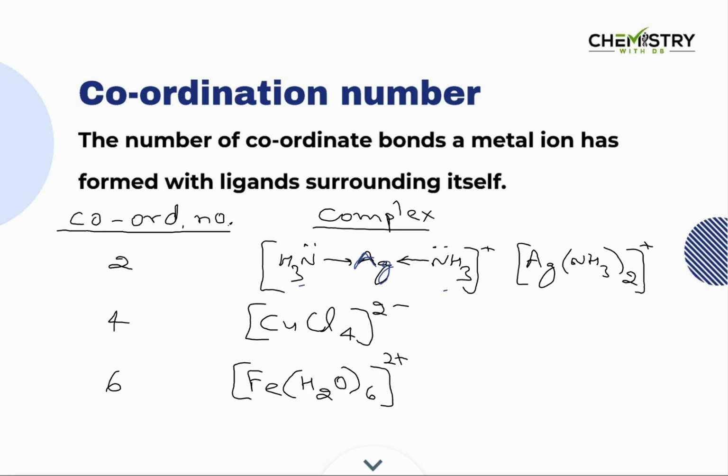So here silver has formed two coordinate bonds, therefore the coordination number is 2. In the next example, copper has formed 4 coordinate bonds with 4 chloride ligands, so therefore the coordination number would be 4 and the shape would be tetrahedral here. And in the next example of iron 2 plus, it has formed 6 coordinate bonds with 6 water ligands, so therefore the coordination number is 6 here.